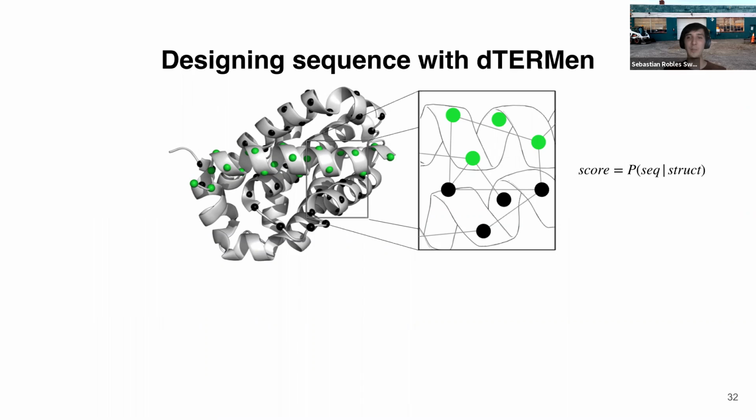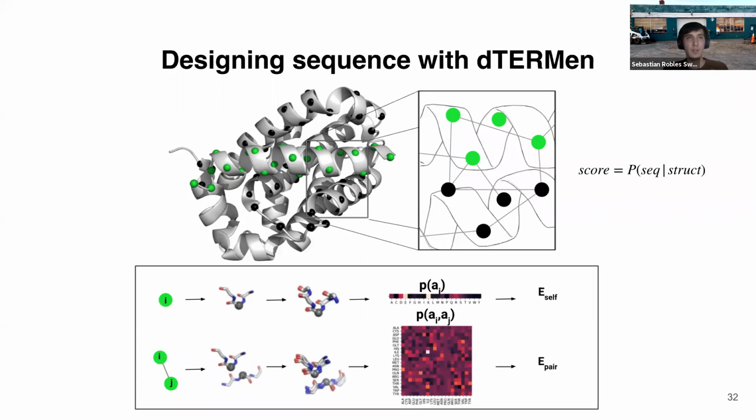This method uses sequence structure relationships in the PDB to estimate how suitable a given sequence is for a protein backbone. I think of it as the probability of a sequence given a structure. And it does this by building a sequence level model, which captures the sequence preference of each position in the protein independently, and also captures them in a pairwise sense, looking at interactions between positions.